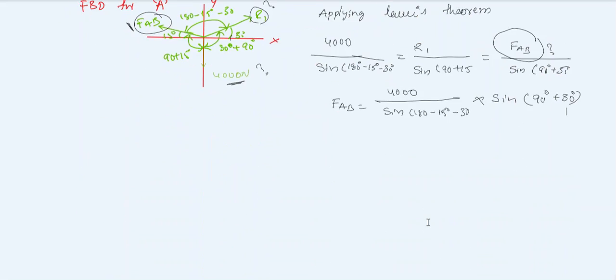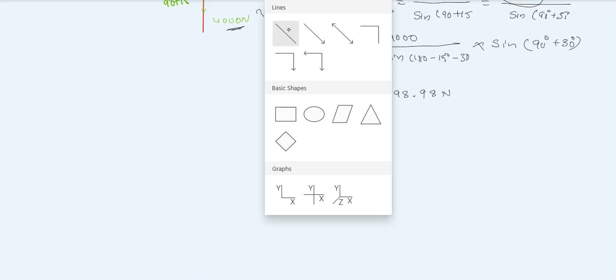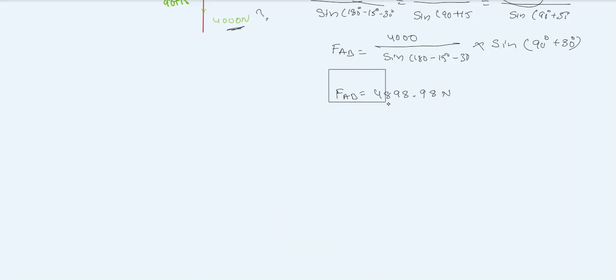If you calculate, you will get FAB equal to 4898.98 Newton. We got a positive value, so our assumption is right, this is under compression.